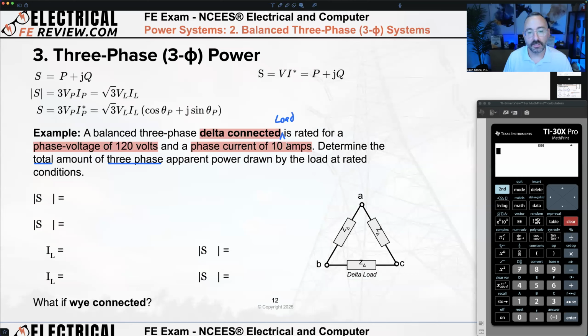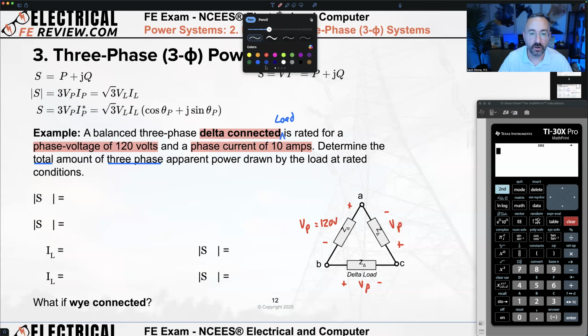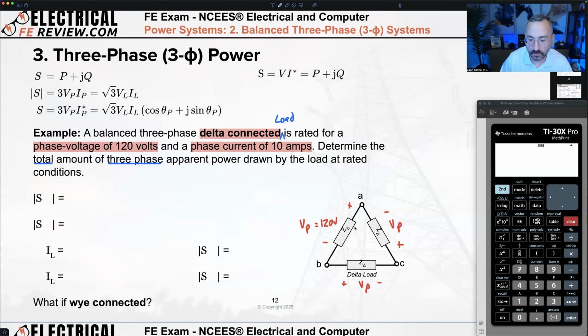So a delta connected load is rated for a phase voltage of 208 volts. I can say that's phase voltage equals 120 volts from A to B. Same phase voltage from B to C. Same phase voltage from C to A. And we have a phase current of 10 amps.